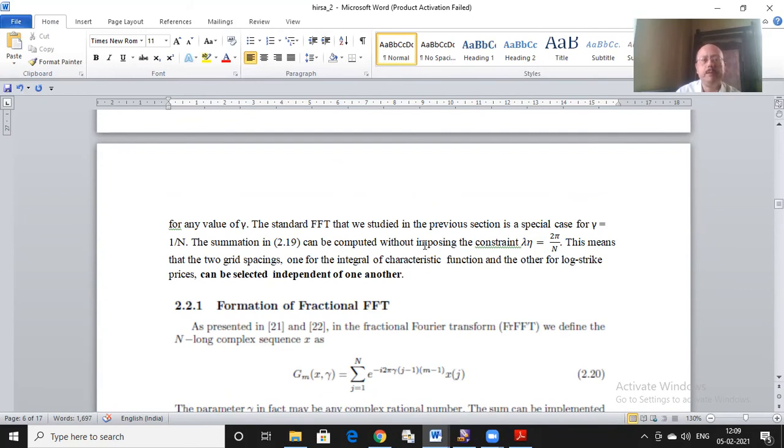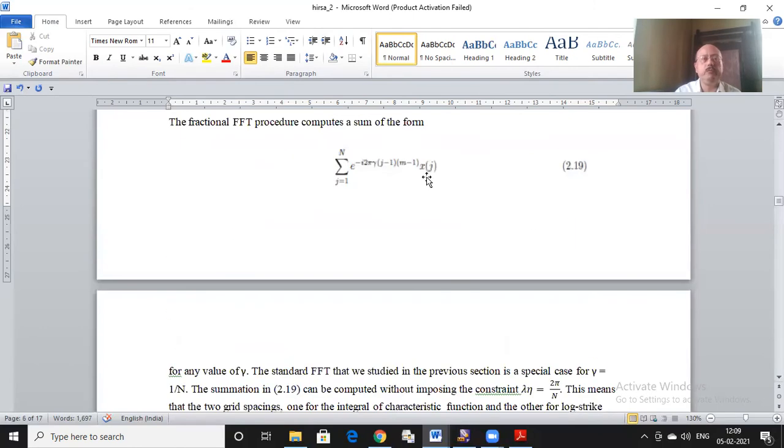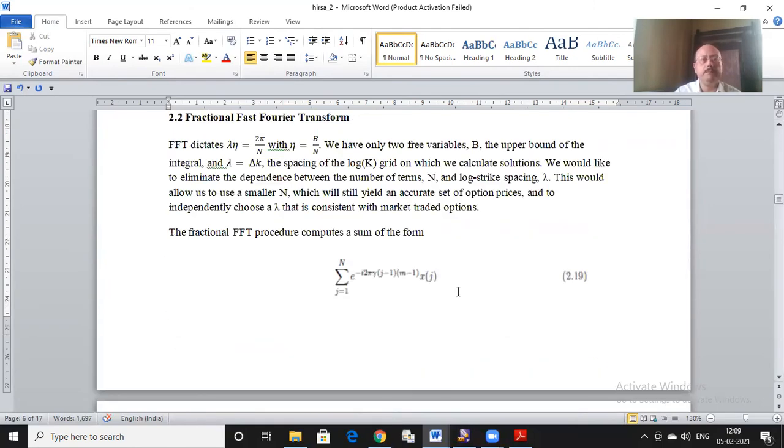The summation can be computed without imposing the constraint, and that will mean that our grid spacing, we have a two-dimensional grid, right? One for the integral, the other for the log strike. These two grid spacings can be selected independent of one another. That's the advantage we gain if we free up this parameter gamma.